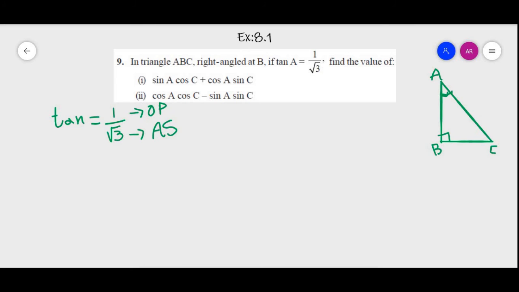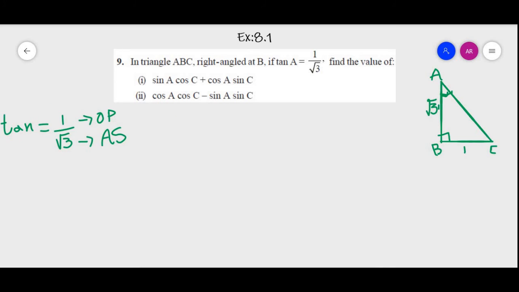What is the opposite side according to angle A? It's BC. So the side BC is opposite to angle A, so the measure will be 1. And for the adjacent side, it's going to be AB, so the AB length would be root 3.